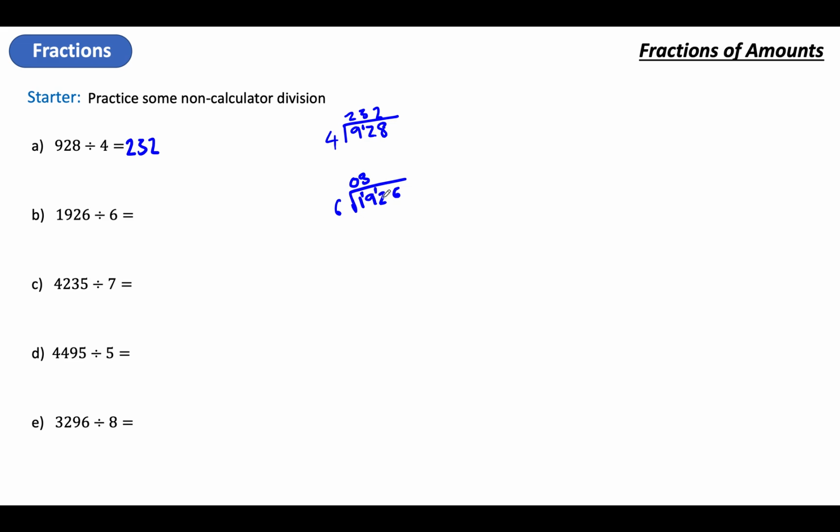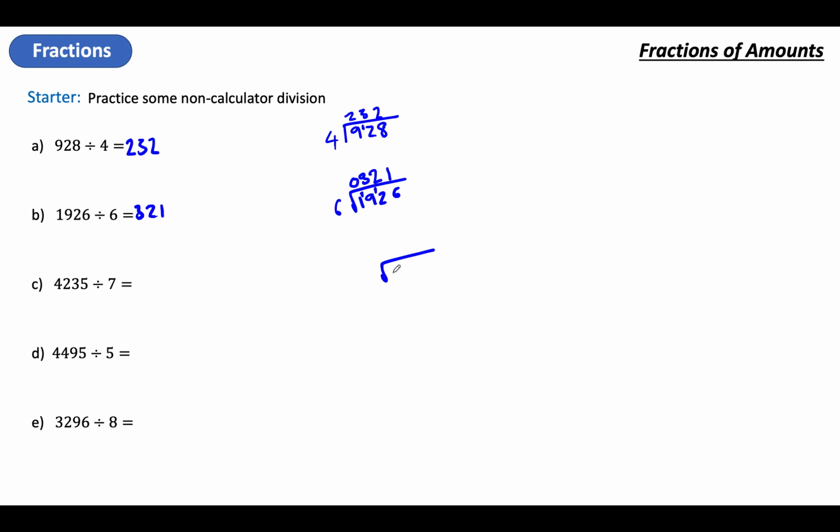Again, so it carries across to the next column, so it becomes 12 now. So 6 into 12 goes twice, and 6 into 6 goes once. So it is 321. 321 6s in 1926.